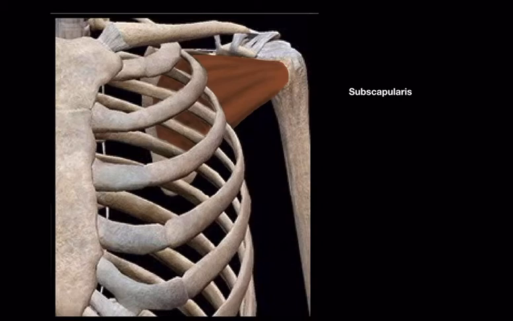Now, whenever you see the origin and insertion of a muscle, you should think about its action also. Can you tell me the action of subscapularis muscle? You can say it can bring the humerus towards the trunk. No, it is not so. Why? Because you can see that this subscapularis muscle covers the shoulder joint.